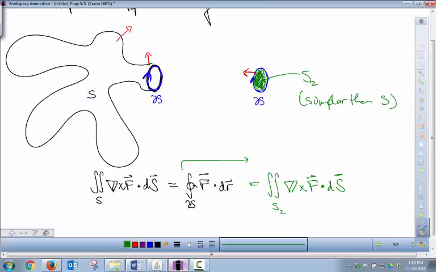So, transitivity says that these two things are equal to each other. So instead of dealing with a difficult surface, maybe we can simplify the surface as long as we have the same boundary and come up with a nicer integral. Okay, so that's another interesting application for Stokes theorem.